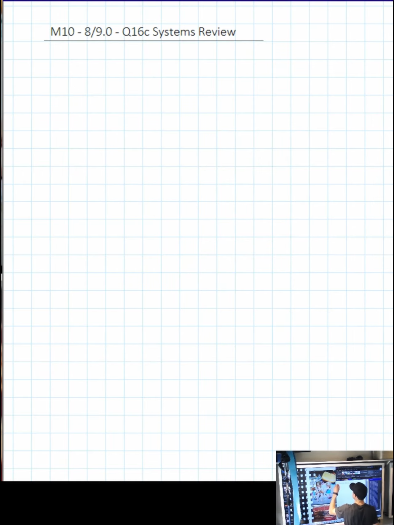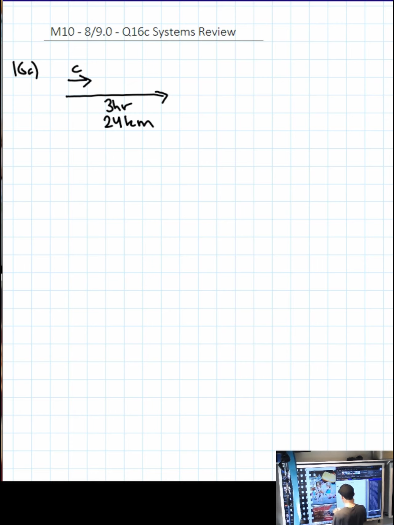Okay, 16C. A boat took 3 hours to travel 24 kilometers with a current, and 5 to return. So a boat took 3 hours. So let's draw a line representing 3 hours to go 24 kilometers with the current.